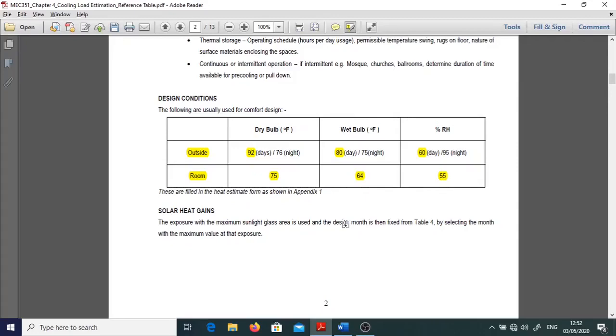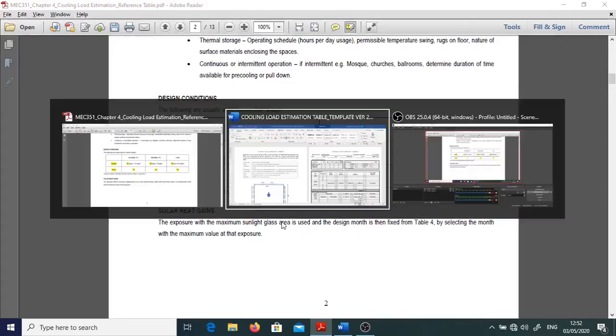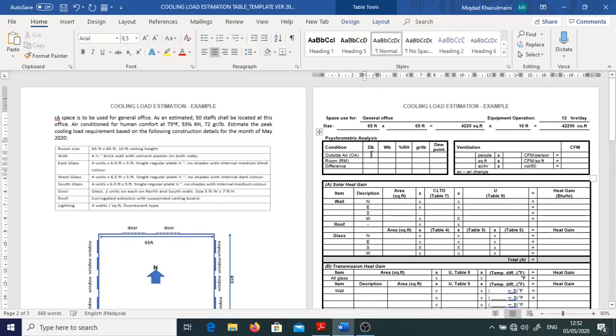Okay, so we fill in these values into our cooling load estimation table. So 92, 80, 60, and for grains per pound, the outside air, in the video and the notes, we have the value 136. For dew point, we can just put a dash because it's not required.